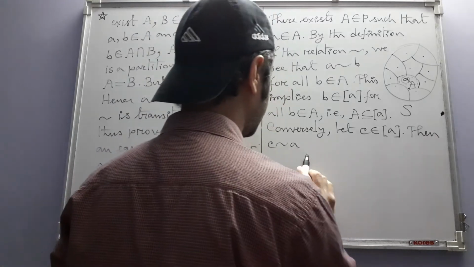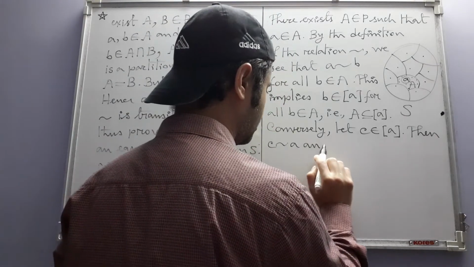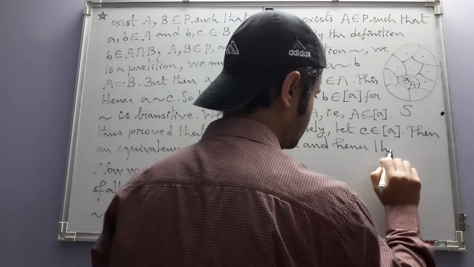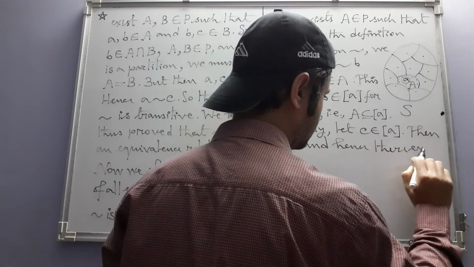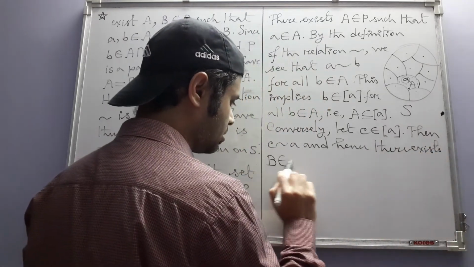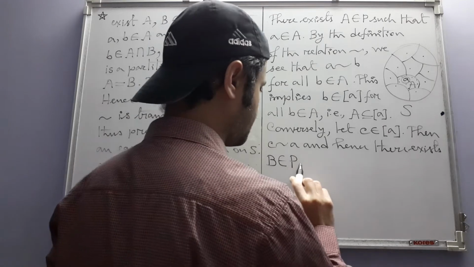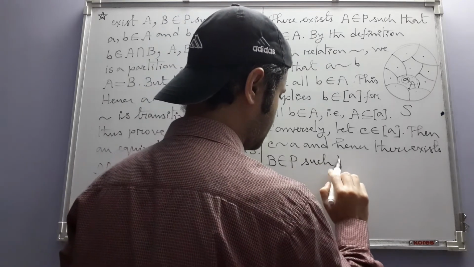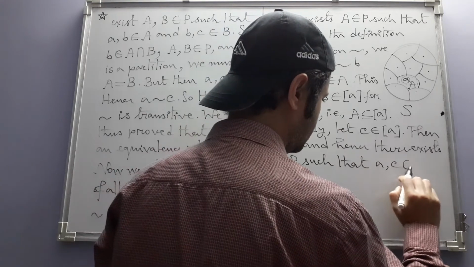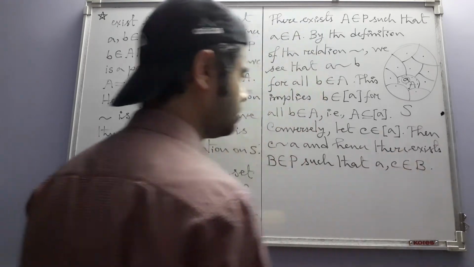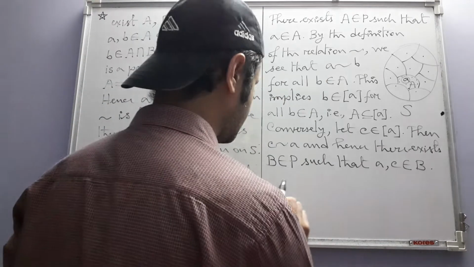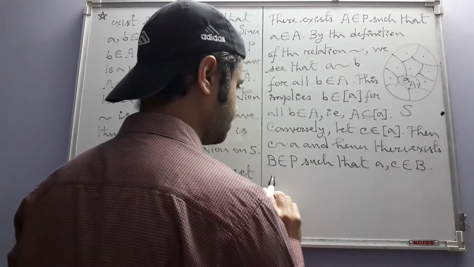Then C is related to A, and hence there exists some set in the partition such that A and C both belong to that set. Okay.